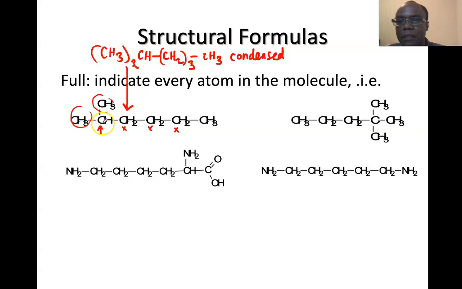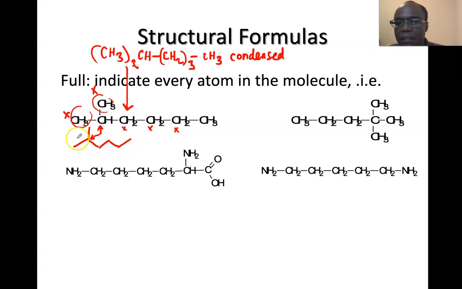So instead of doing this, what we usually do is just draw the bonds in a zigzag shape, and wherever the corner is, the angle is, that's where the carbon will be found. So for example, at the end you'll have carbons, which is this and this, and then this carbon right here happens to be this carbon, and then we go down to the CH2, up to the next CH2, down to the next CH2, and then up.